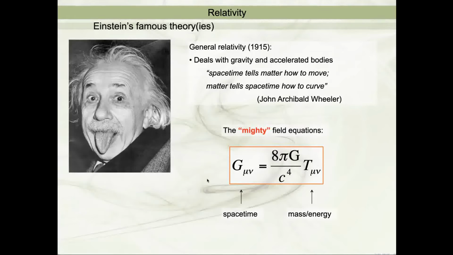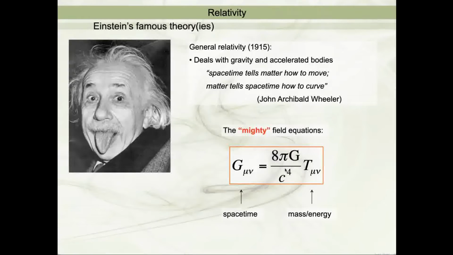I'm not going to start doing maths here, but you have a term on the left and it's equal to some term on the right. And then you have some constant, 8 pi, which is the constant pi, 3.14. You have G, which is the constant of gravity. And then you have the speed of light at the bottom to the 4th power. So you have this sort of equality, like E equals mc squared.